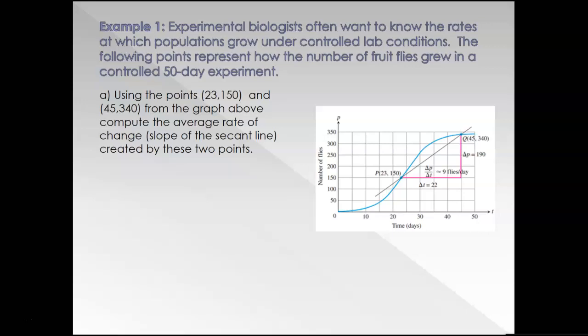The average rate of change, or that comparison of growth, would be 150 minus 340 over 23 minus 45, which is negative 190 over negative 22, which is a positive 8.6.